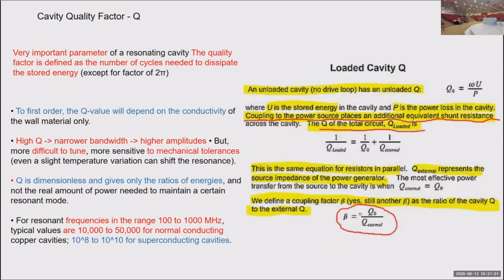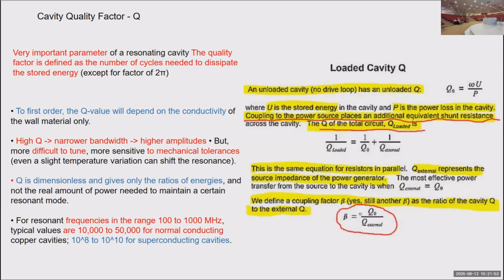As I have said before, the quality of the cavity is not simple, because there are different definitions of quality factors. One of them is the unloaded cavity, the other is the external cavity. Two simple things.